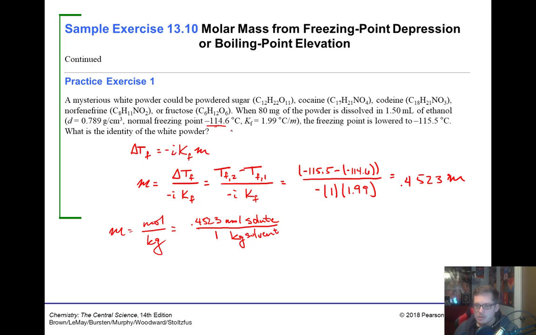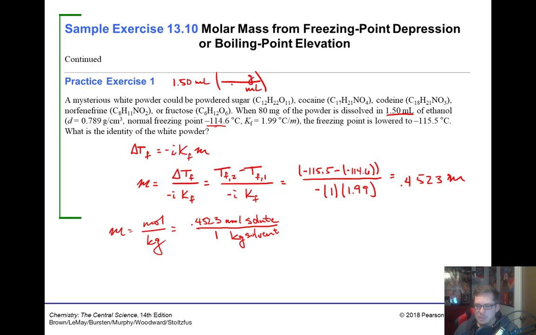Now the problem is they don't tell us the mass of the solvent directly. They just tell us that we have 1.50 milliliters of ethanol. So we have to figure out the kilograms, and we have to use the density here. We convert 1.50 milliliters to kilograms. We put milliliters on the bottom and grams on top.